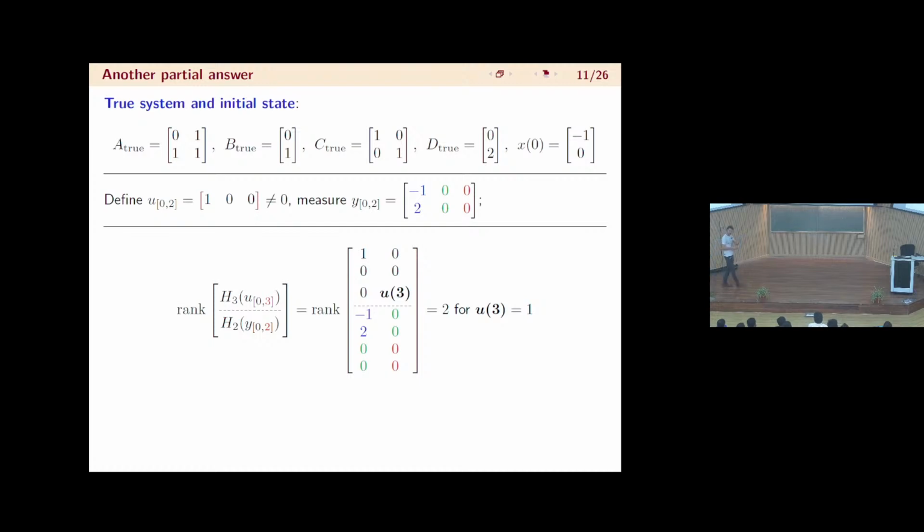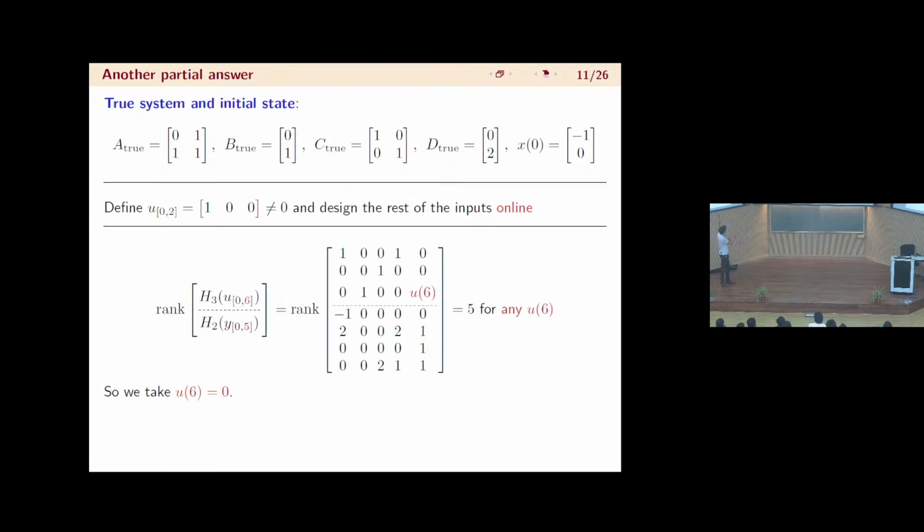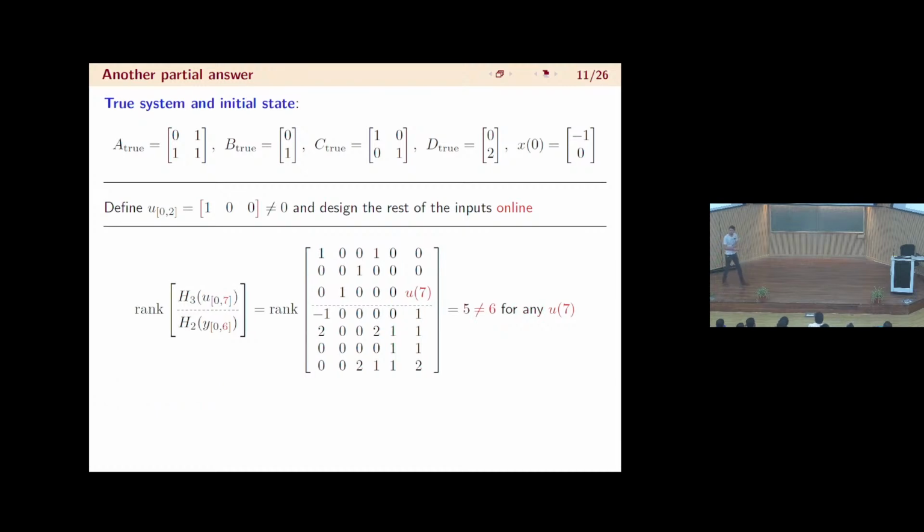But the conclusions in the end are going to be the same, because if I can make this Hankel matrix rank 5, then also when I add the final row of outputs, I still have a rank 5 Hankel matrix. So the reason for working with this slightly adapted Hankel matrix is because, of course, this last output depends on the last input. Okay. Just to give some intuition.